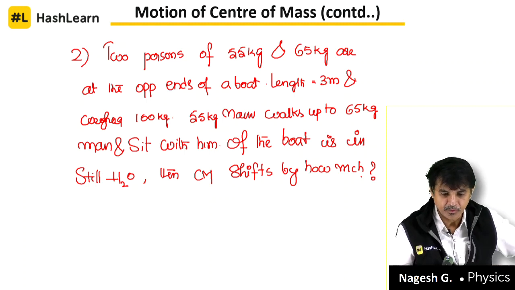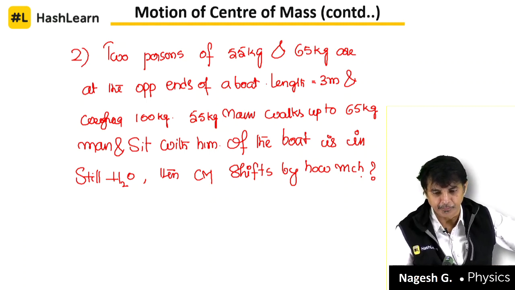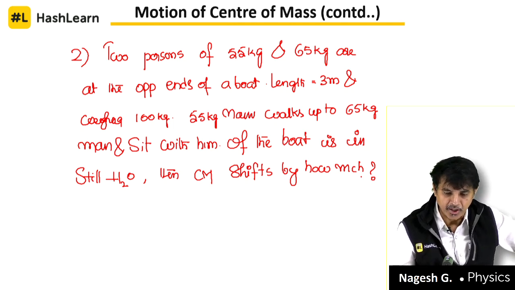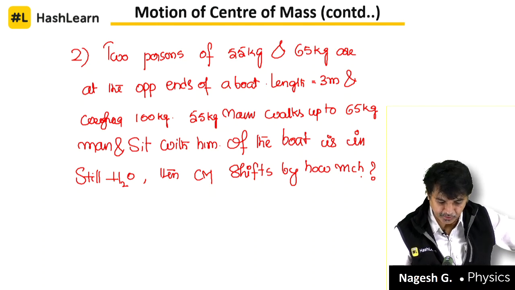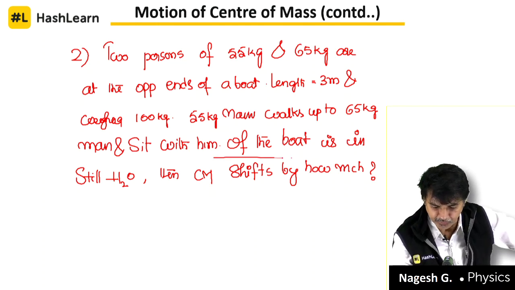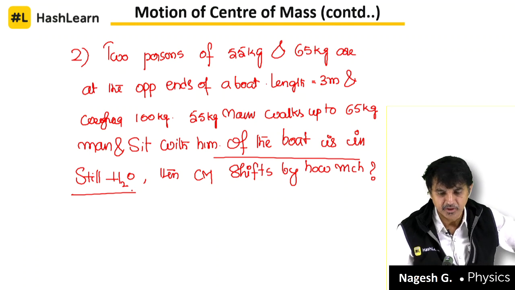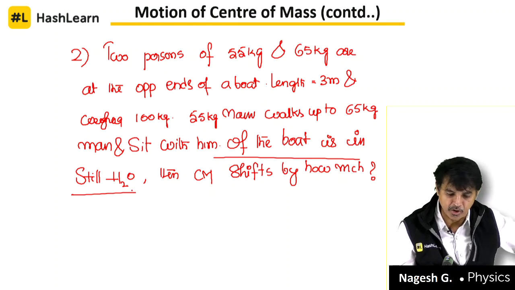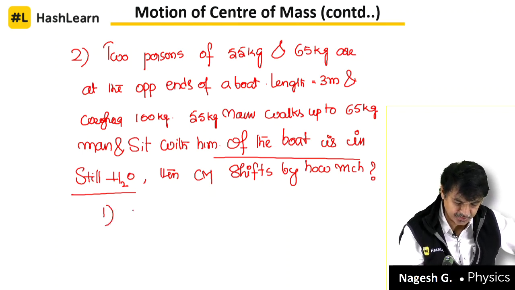Okay. Just now I told the concept. When two persons or two particles are moving towards each other, it is their mutual interaction, without the agency called external force. And already it is mentioned very clearly in the problem: if the boat is in still water, implies water at rest, no floating, means initially the center of mass is at rest.